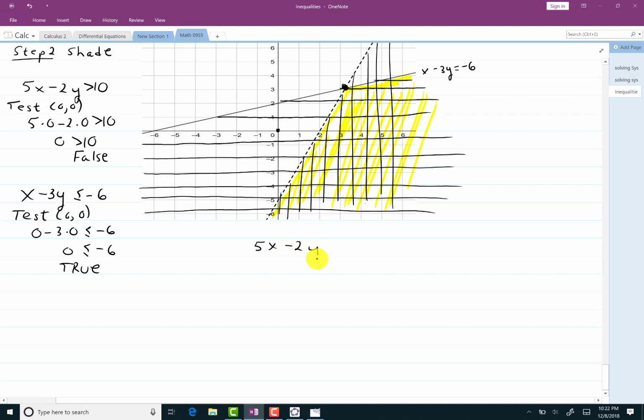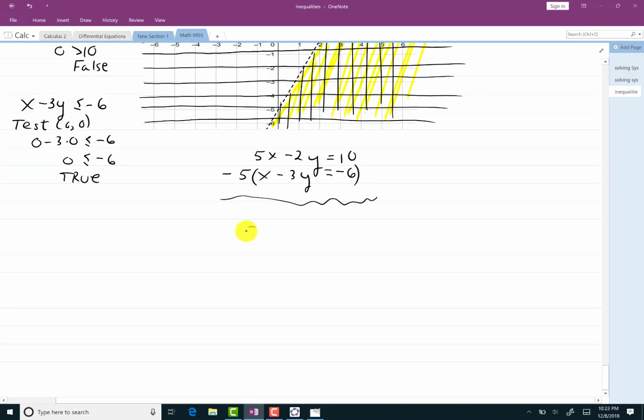5x minus 2y equals 10. And the other one was x minus 3y equals negative 6. And I think probably it's really easy for me to eliminate the x's immediately by multiplying the second equation by negative 5. That leads to the following equations. 5x minus 2y equals 10, and negative 5x plus 15y equals 30.